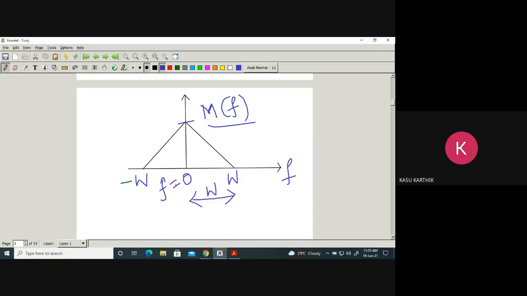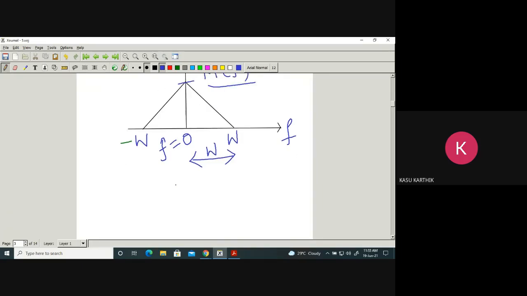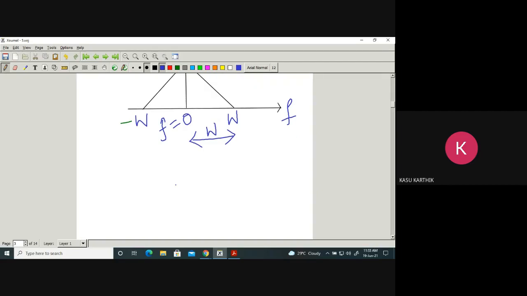So, but here, what is the requirement? It should not have power at zero frequency. In the first class I discussed that we have a variety of information sources like video signal. What is video signal?